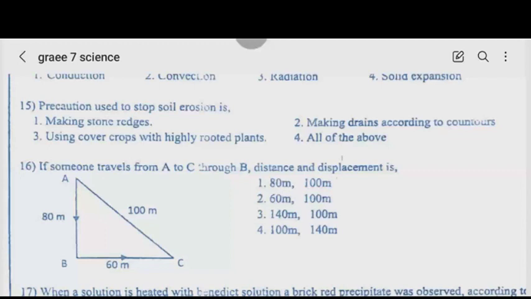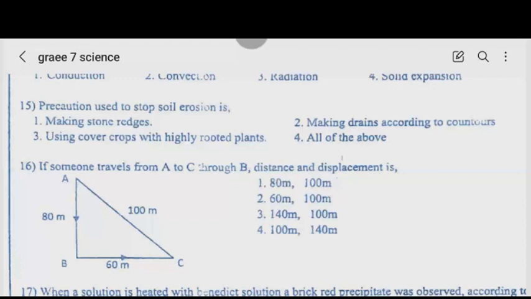So first you have to come A to B and then you have to go B to C. A to B you have 80 meters, B to C you have 60 meters. So altogether the total length is 140. Is it clear, Sashmika? Yes, teacher. Distance is 140.